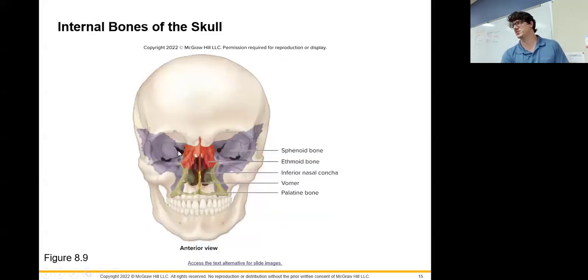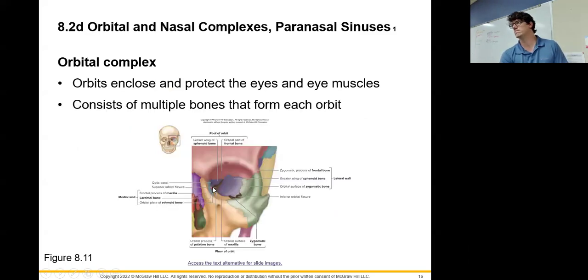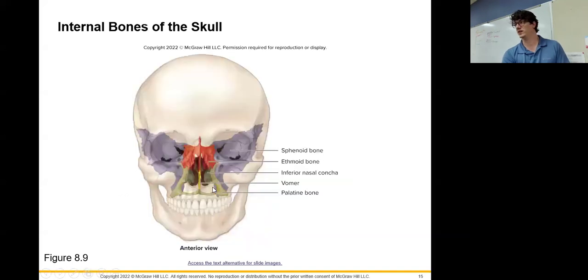This picture is basically just here so you can see the awesome three-dimensional shapes of some of these interior skull structures, like our ethmoid bone, our sphenoid bone, our vomer, things like that. It's super fun. There is actually a version of these skull models called a Beauchene skull, where they take all of the bones and disarticulate them a little bit, and they put like a half inch or three-quarters of an inch of space in between each bone, so you can see their shapes.